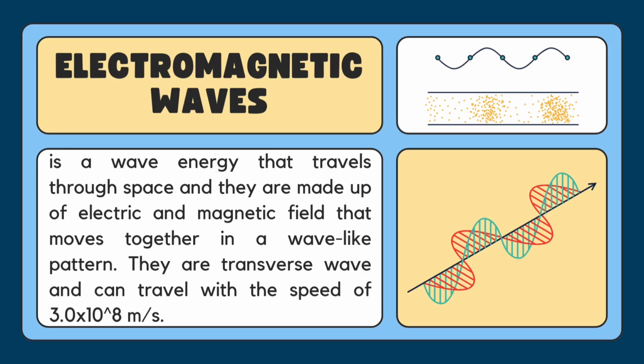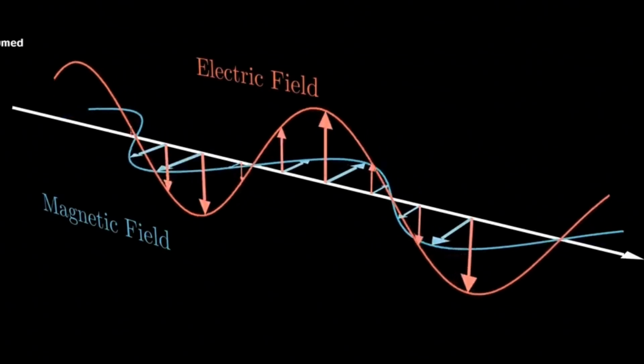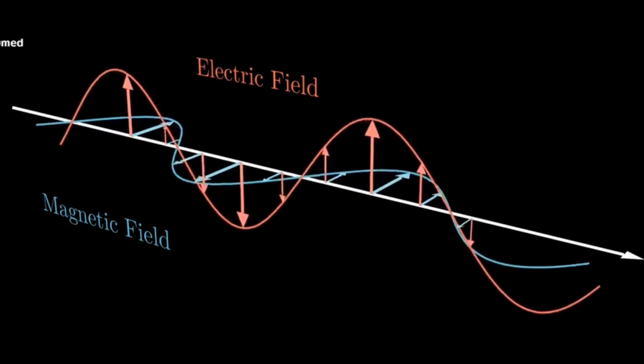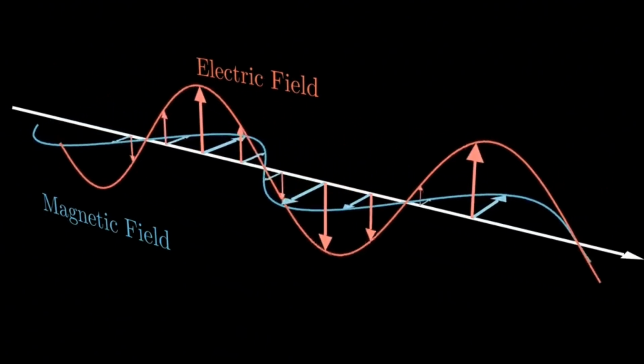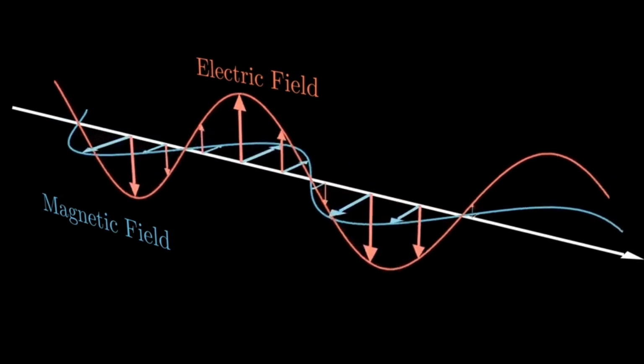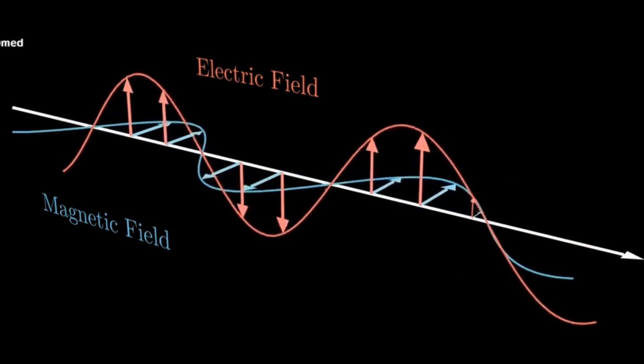Meaning to say, electromagnetic wave is a type of energy wave that travels through space, and they are made up of electric and magnetic fields that move together in a wave-like pattern. And these waves can carry energy and travel through different materials, including air and even the vacuum of space.